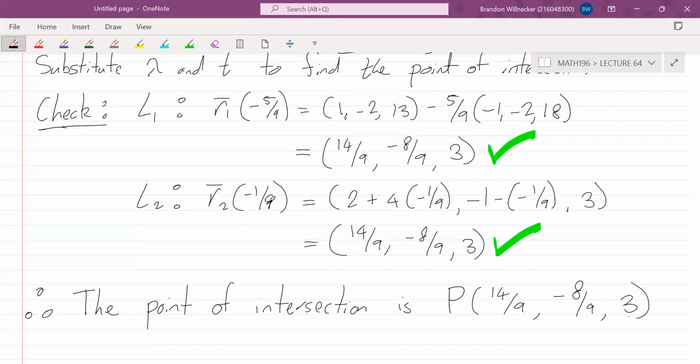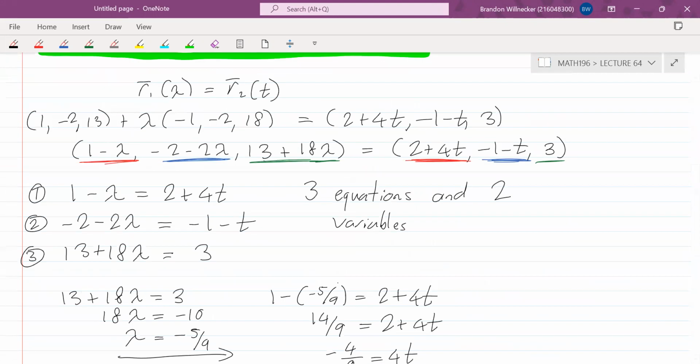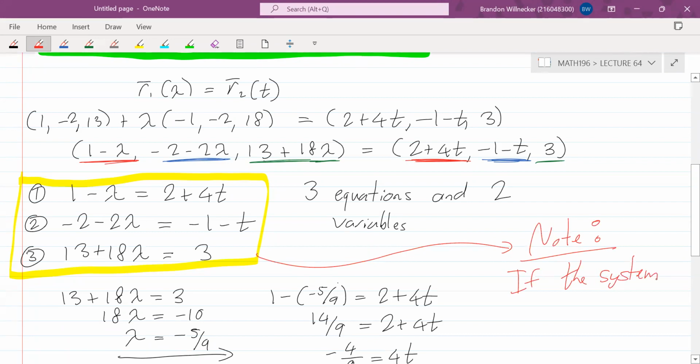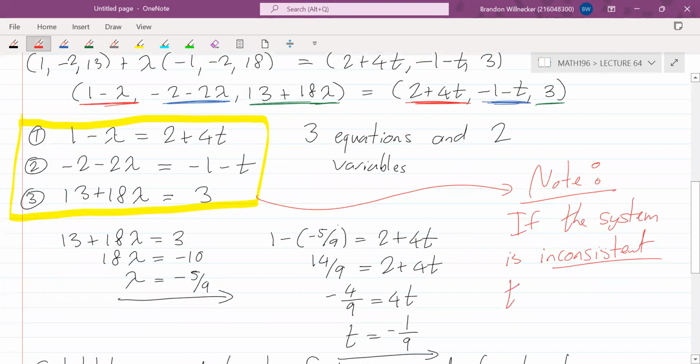If we just go back up to the system here, if this system was inconsistent, then we wouldn't have a point of intersection. So just a note: if the system is inconsistent, then there is no intersection.